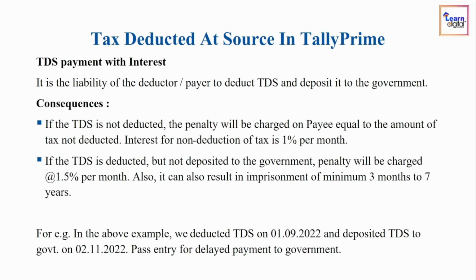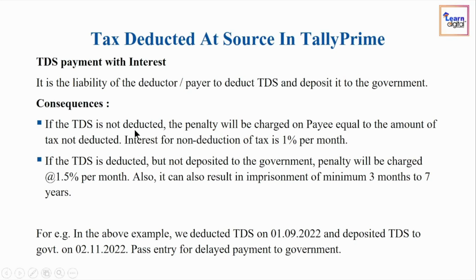Well, if any one of this is not done, means if the TDS is not deducted, or the deductor does not deduct the TDS and just pays out the whole amount to the party, then what will happen?